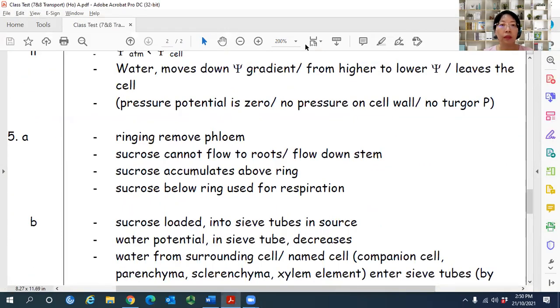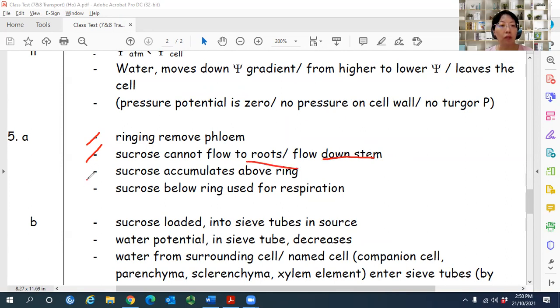So ringing removes the phloem. So because of that, sucrose cannot flow down the stem. Okay, because of that, sucrose above the ring cannot flow to the stem below the ring. That means it cannot flow down the stem, or cannot flow into the roots.